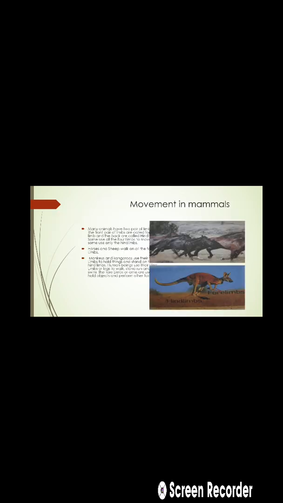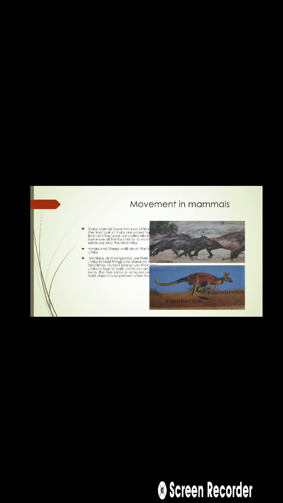Movement in mammals. Many mammals have 2 pairs of limbs. The front pair of limbs are called forelimbs and the limbs at the back are called hind limbs. Some use all their limbs to move, such as lion, tiger, cow, goat.